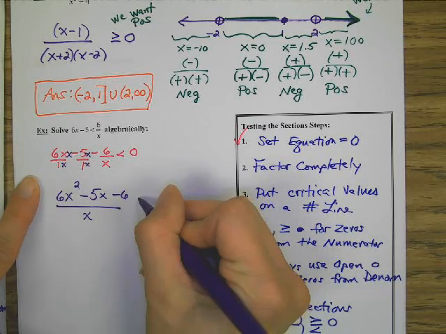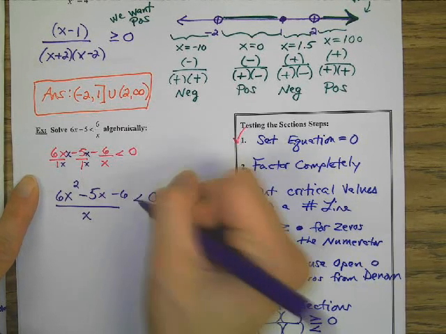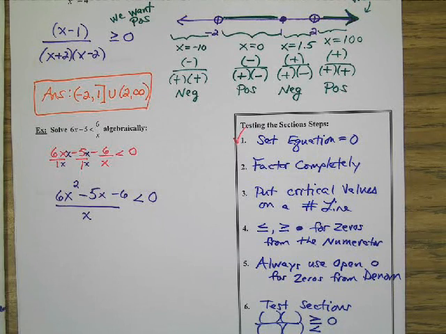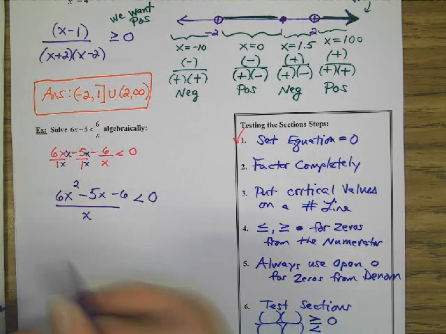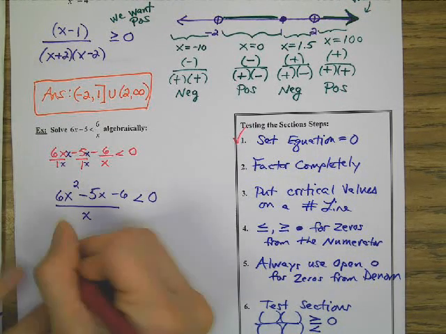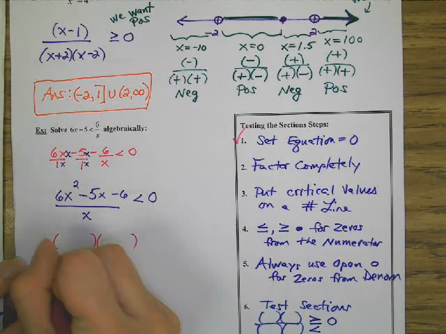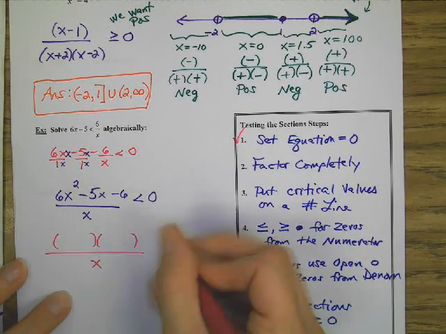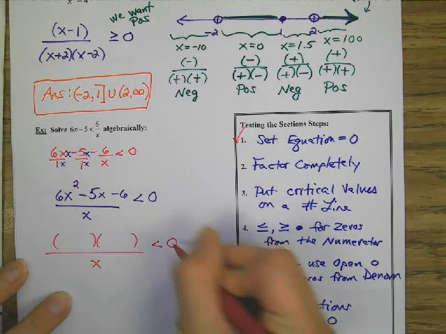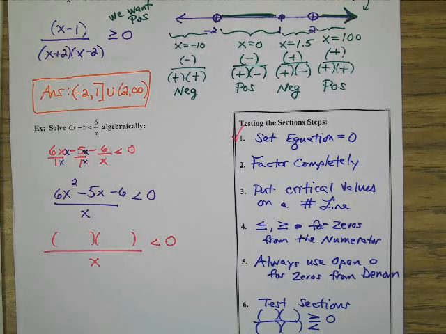Okay, now I can factor. So the numerator, let's see, has to get factored. The denominator is quite simple. It's just an x. Okay, less than 0. Go ahead and take a couple of seconds there to get that factored. So it's going to be 3x times 2x to make a 6.